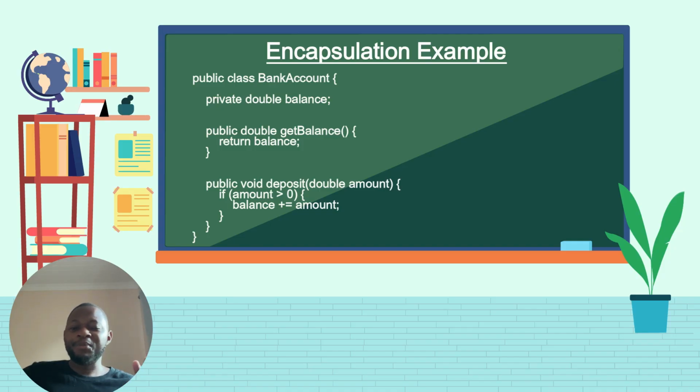You would want to have restricted access as much as possible with the balance. That's why we have the balance attribute as private. You see the private keyword, and you don't want anyone to mess around or access the variable from anywhere to update it. So that's why it's private.